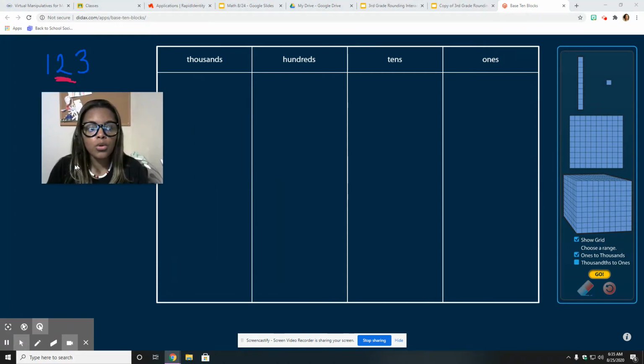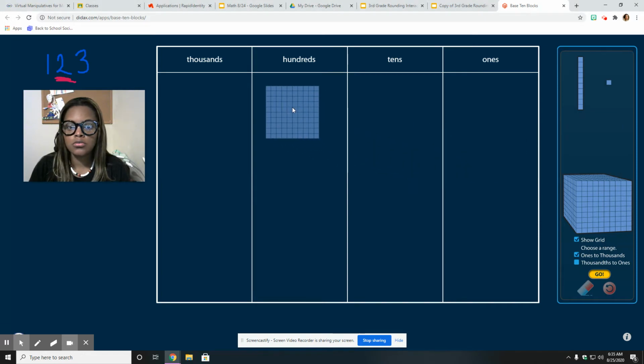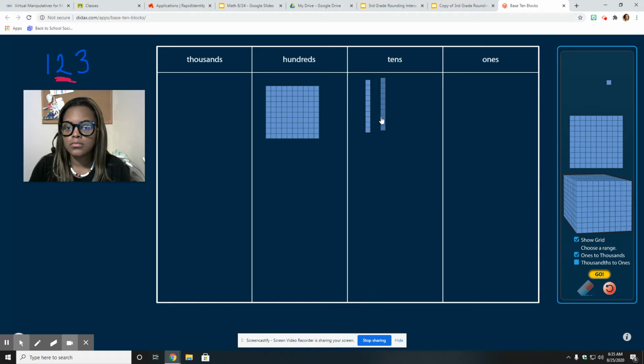Now I'm going to put 123 into my place value chart. Here's 100. Here's 20. And then here's 3. And I'm going to check myself. 123. Now remember, I said look at the tens place. So I'm just looking at the tens for my benchmark numbers.